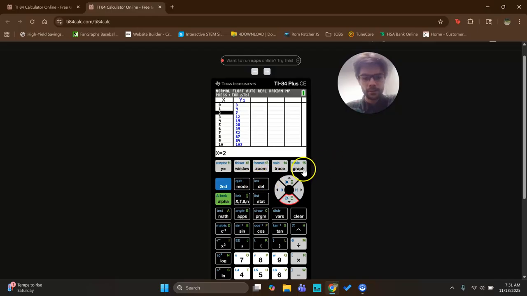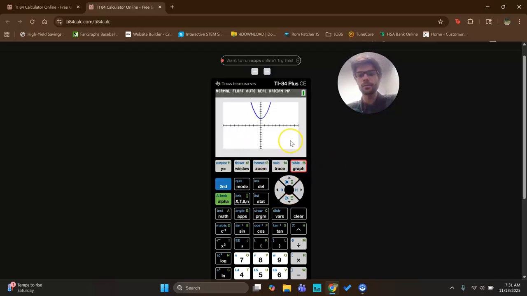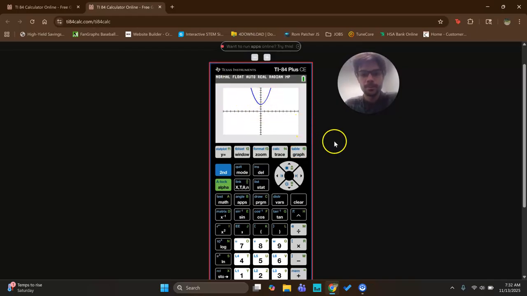Now let's get to the actual features. So in the graph, there's a couple things that we can do. One of the things is we can find the actual maximum or minimum value. So this is a parabola, so it has either a max or min value. This one's going to be a minimum.